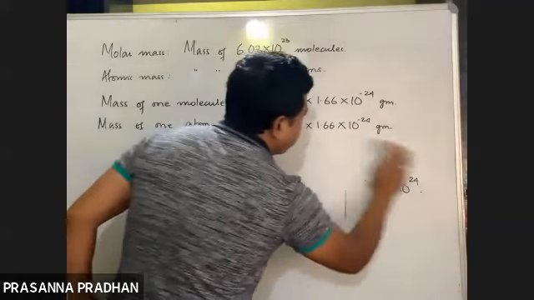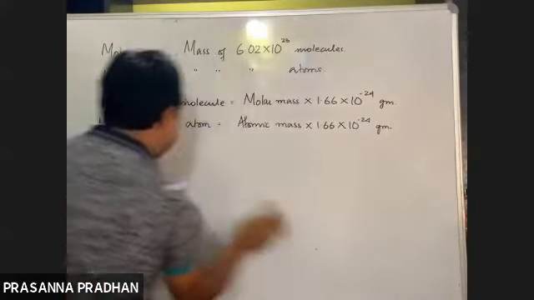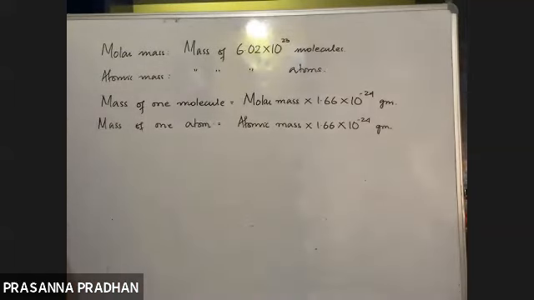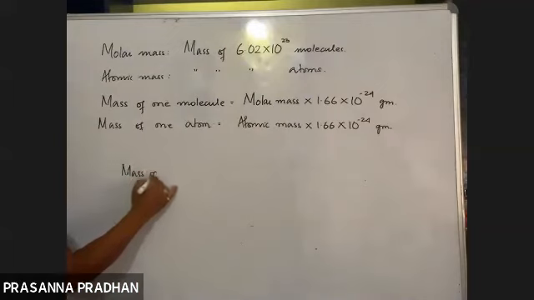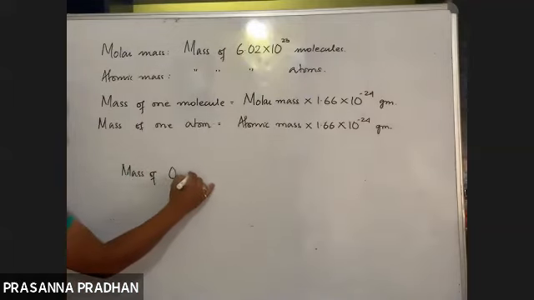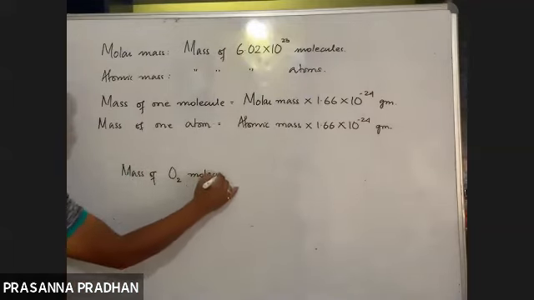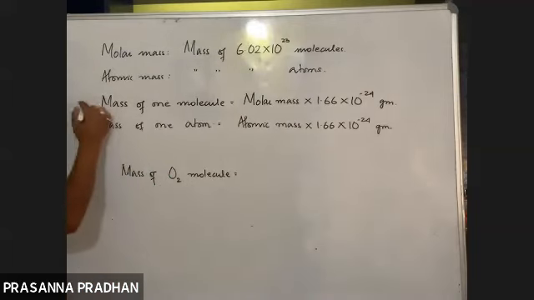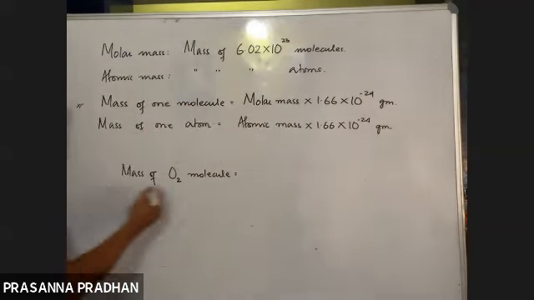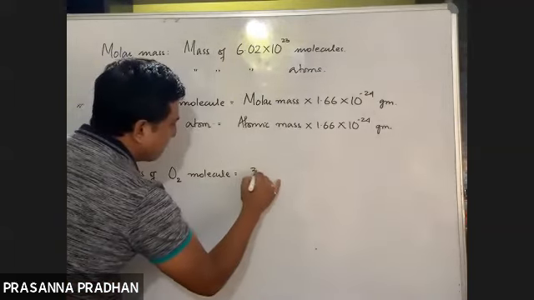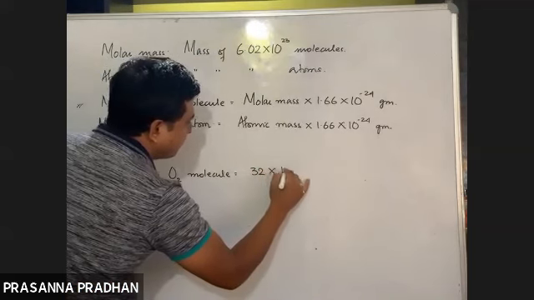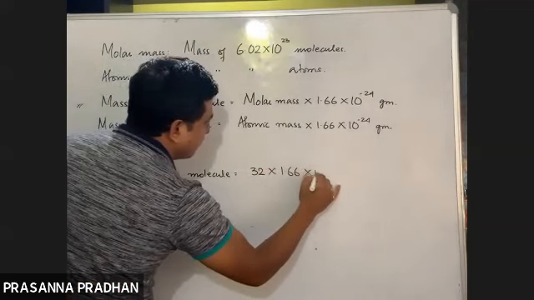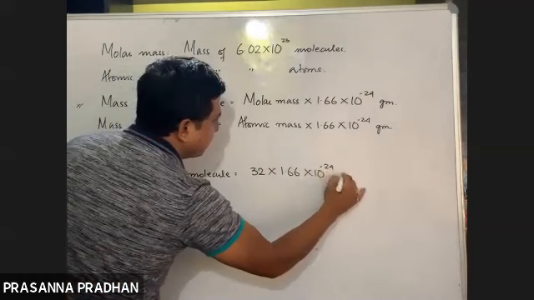Now it becomes very easy for us. If you are asked to calculate the mass of, say, an O2 molecule, what are you going to do using this shortcut formula? Molecular mass of oxygen, 32, multiplied by 1.66 into 10 to the power minus 24 gram.